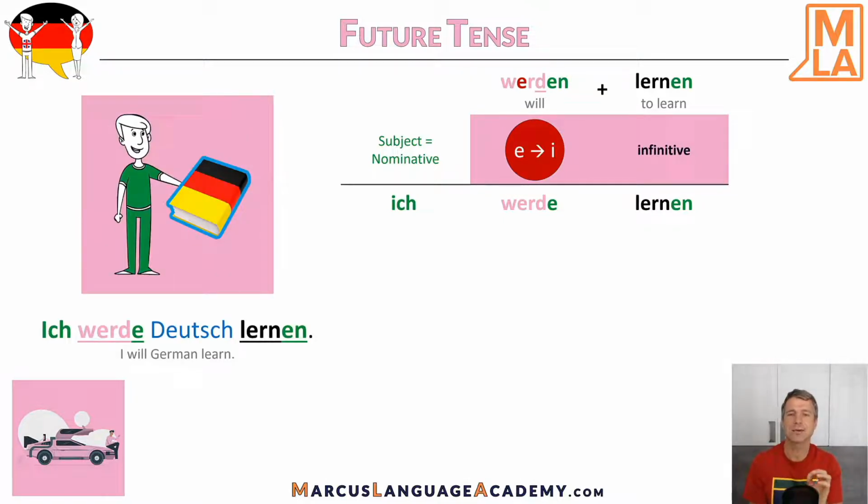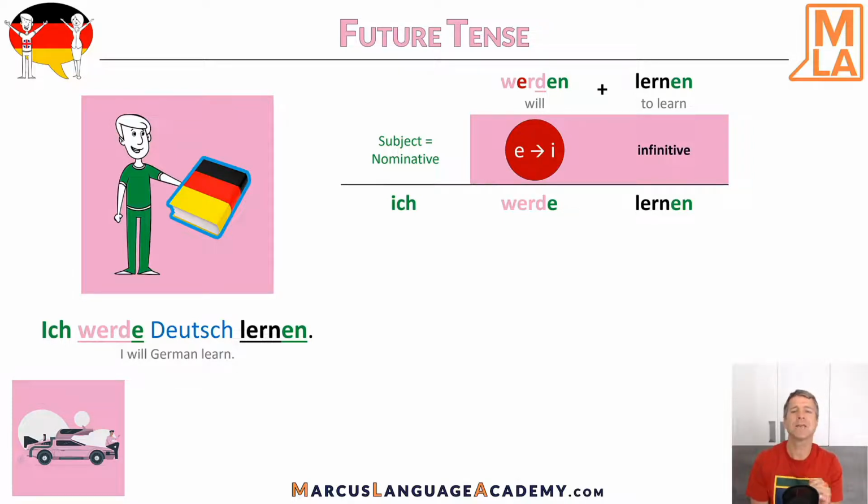Ich werde Deutsch lernen. Literally, I will German learn. And as with the modal verbs, the auxiliary verb is in position 2 and the infinitive of the main verb is at the end. And the picture reminds us with its color that it's future tense.